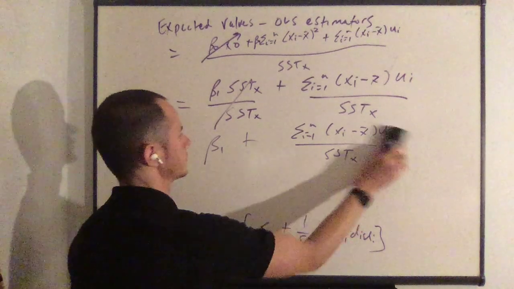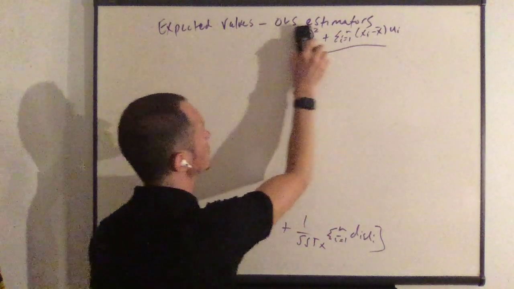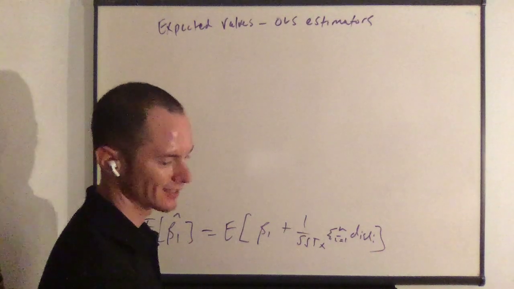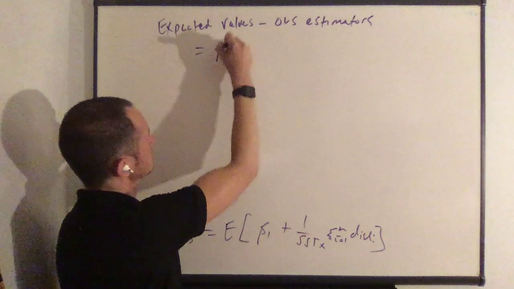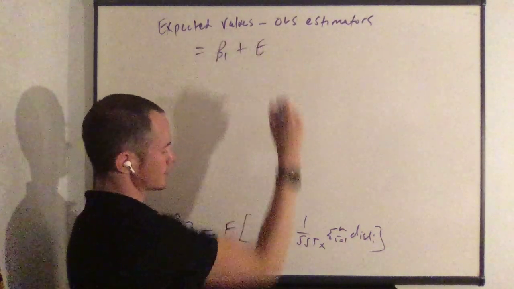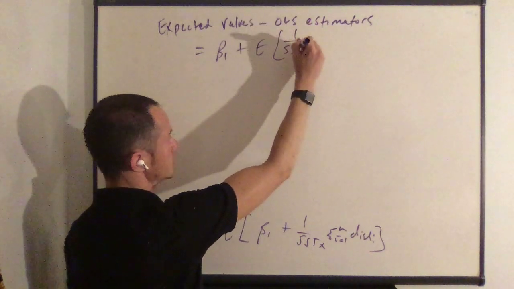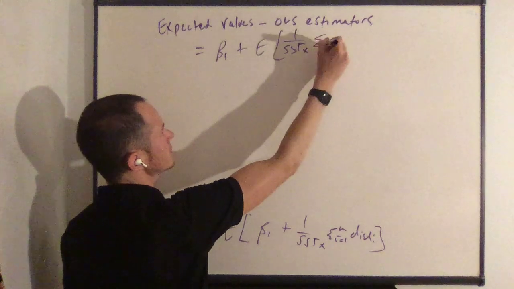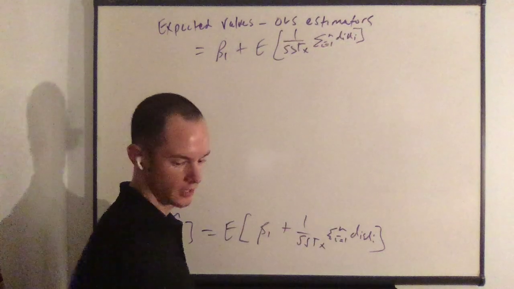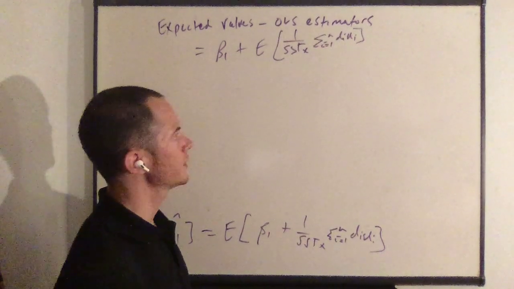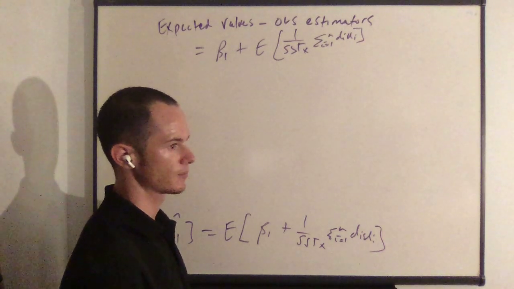Alright. Now, the expected value of a population parameter, which is in effect a constant, is the constant in and of itself. So this is equal to beta 1 plus the expected value of 1 over SSTx times the sum from i equals 1 to n of di ui. Alright, and recall that we are treating the x as fixed in repeated samples.